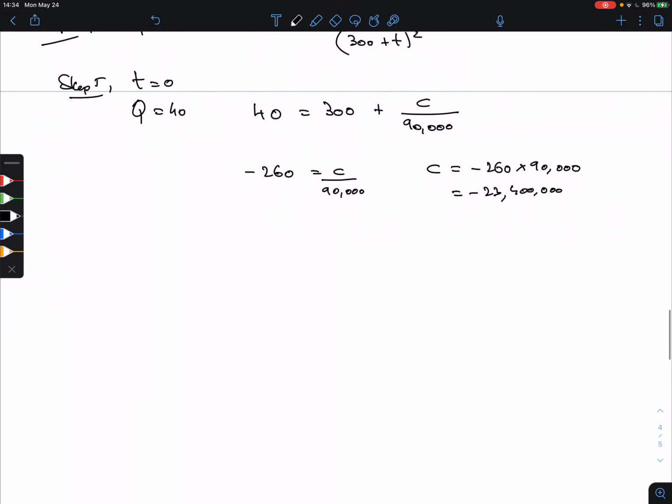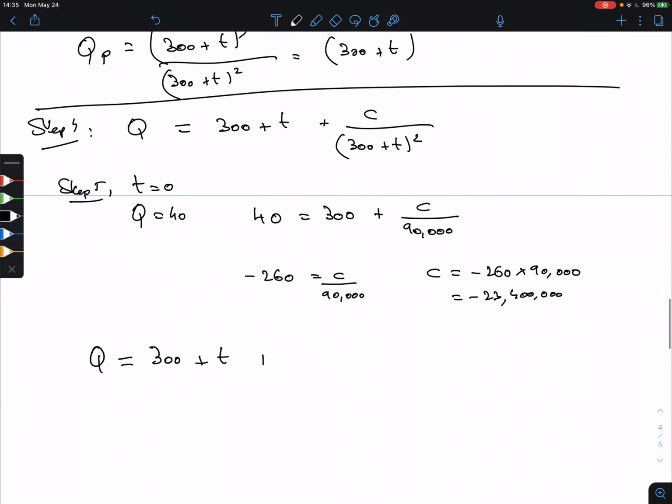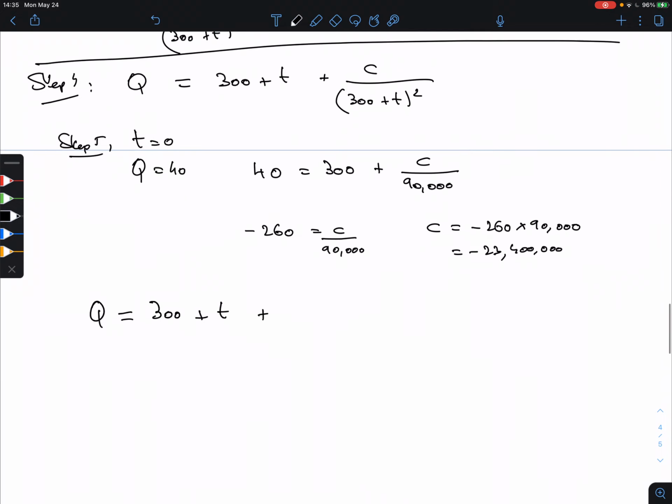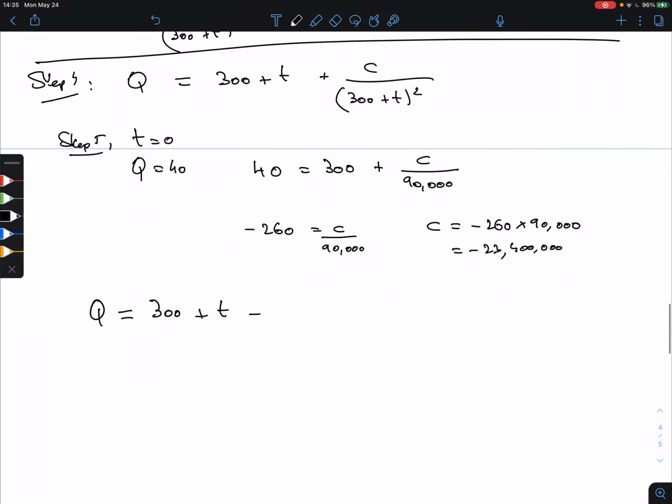Okay, so we see that the actual solution is Q equals 300 plus t plus, and now this huge c here, or minus perhaps, let's write it with the minus sign, minus 23,400,000 divided by (300 plus t) squared.